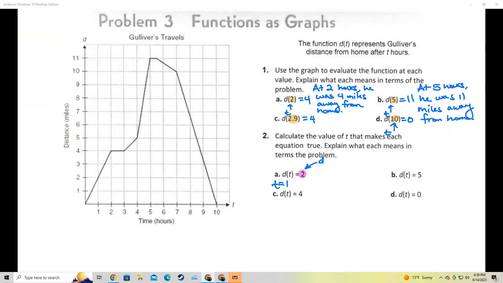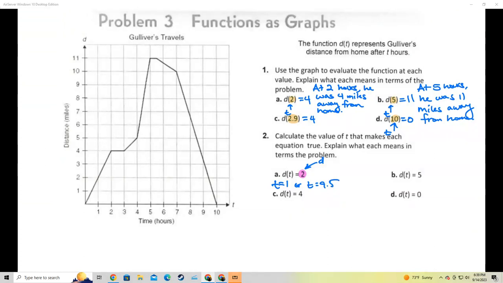Remember, I said I wanted a distance of 2. I started here, and you said, yep, I agree with that, except if I keep going, there's another spot where that distance was 2 miles away, and that happens right around 9.5. So we're going to say t equals 1 or t equals 9.5. Both of those have a distance of 2 miles. You need to include both.